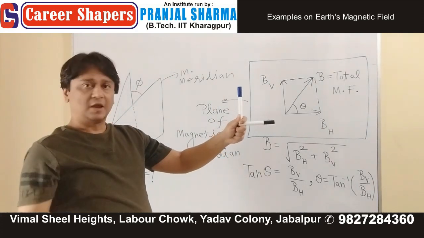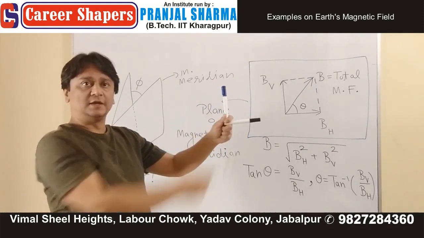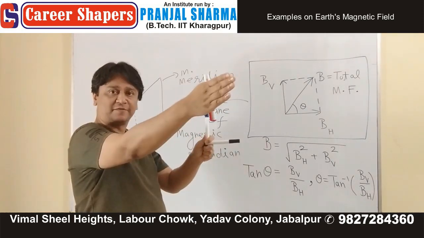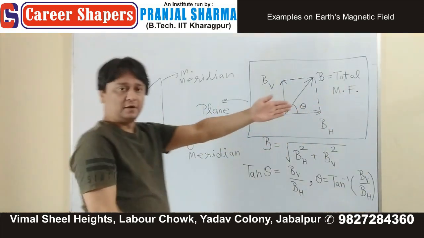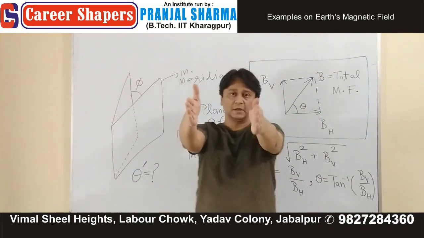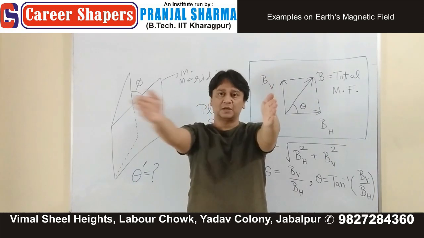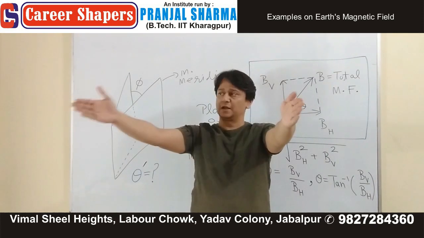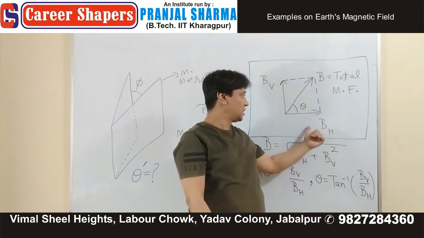Now, if I ask you what these components are, not in this plane, but in a different plane which makes an angle of phi. Instead of giving you values in the original plane, I'm asking you values in the different plane, and this angle has been given as phi. In the plane of magnetic meridian, the values are BH and BV.